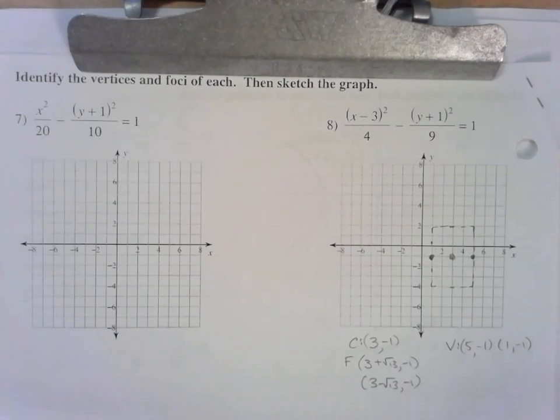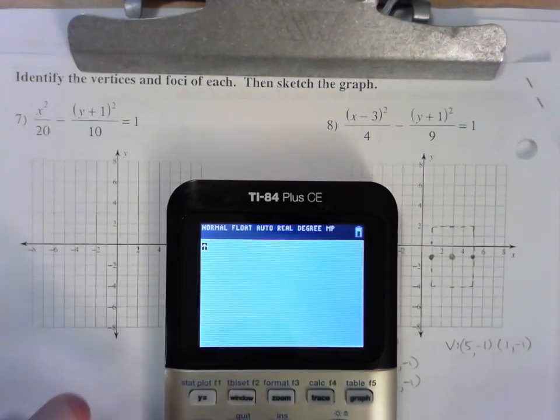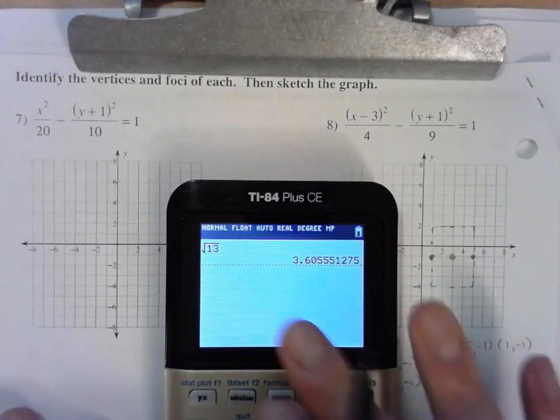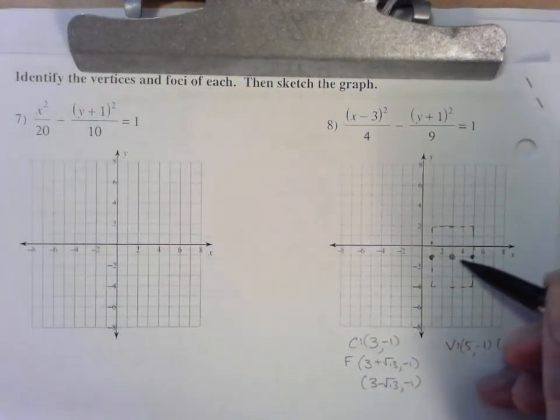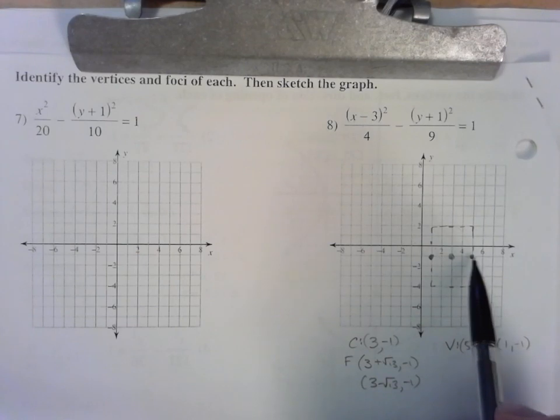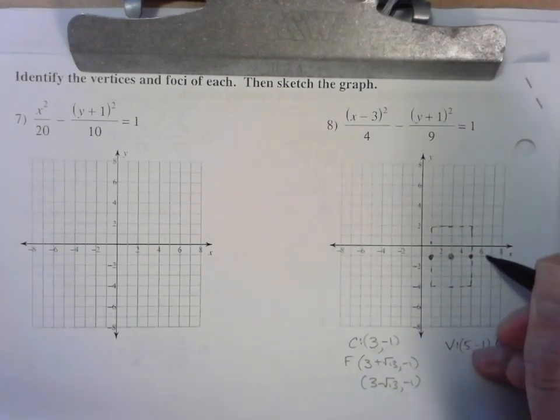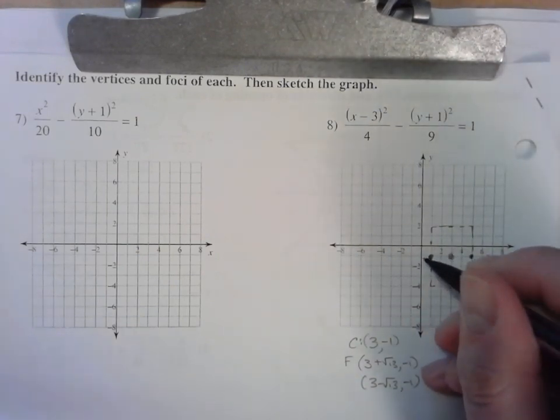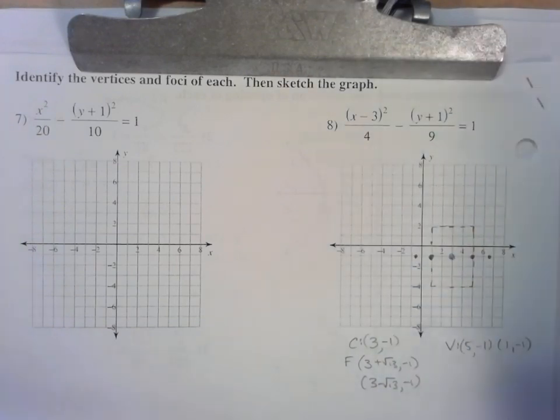The square root of 13, if we need an estimation, go back to your calculator. It is roughly 3.6. So I'll go 3.6 from the center. 1, 2, 3, 3.6 here. 1, 2, 3, 3.6 there. These are your 2 foci.